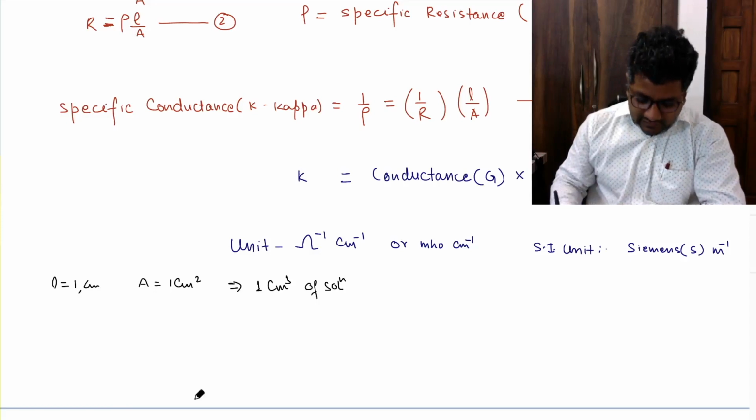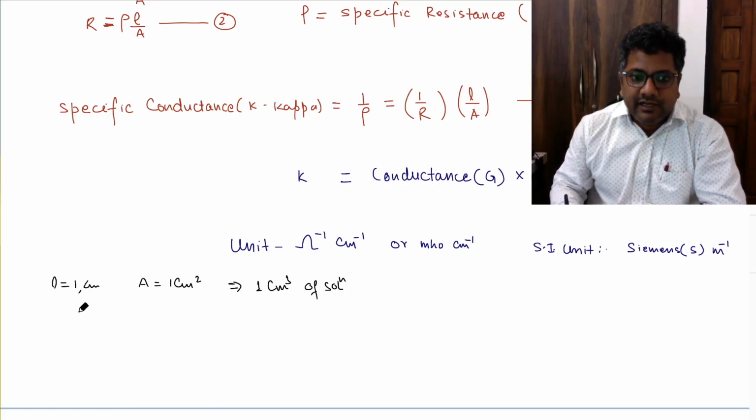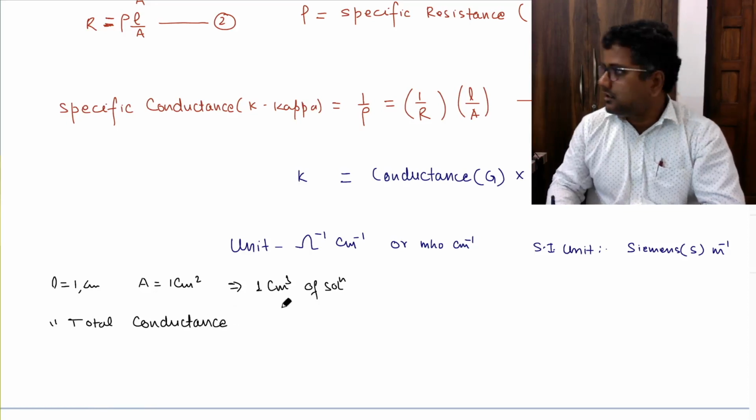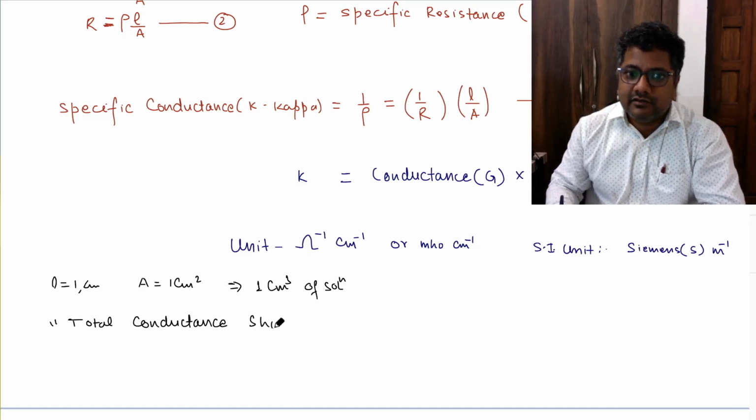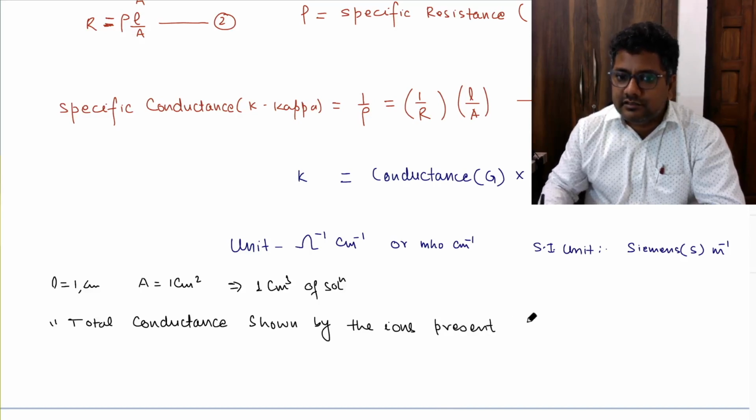So specific conductance is defined as the total conductance shown by the ions present in 1 centimeter cube of the solution.